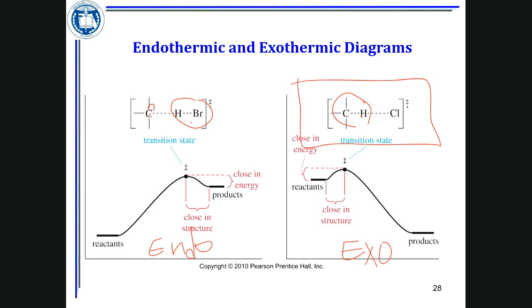The endothermic reaction has a higher activation energy compared to the exothermic reaction, and for the exothermic reaction, the energy of the product is much lower compared to the reactant. And this is basically a summary of a lot of what we have learned today.